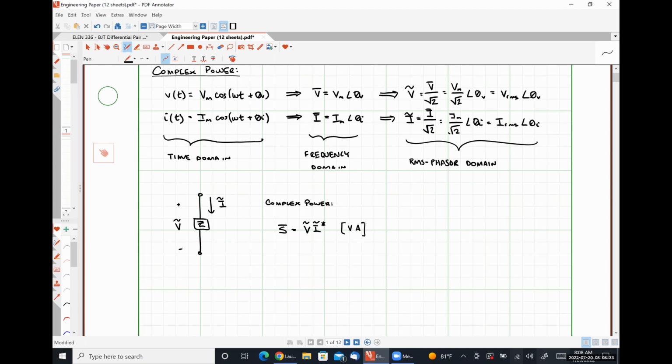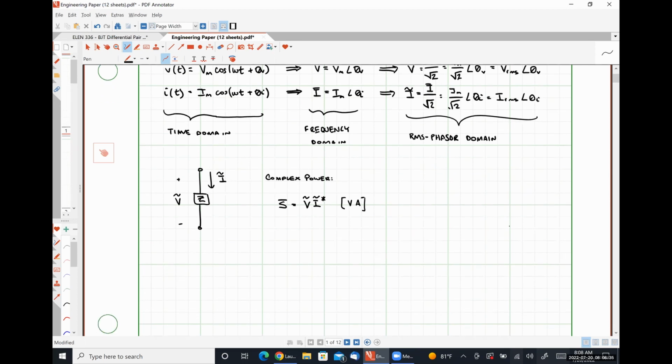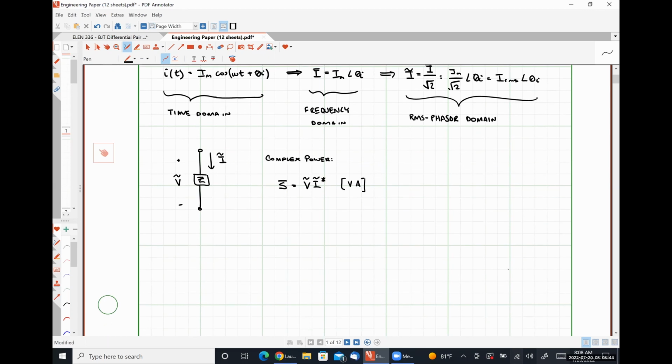So let's start with our rectangular form representation. Here I'm going to state simply that V RMS phasor is V RMS angle theta V, and our RMS phasor current is I RMS angle theta I.